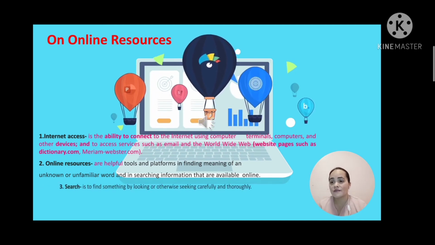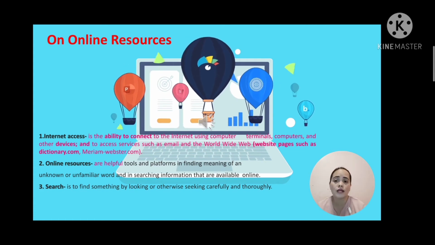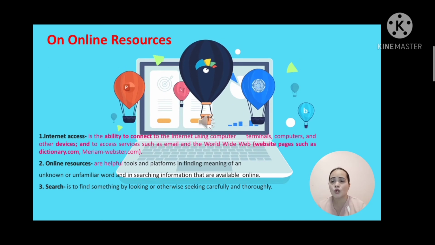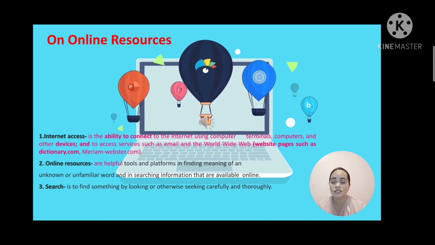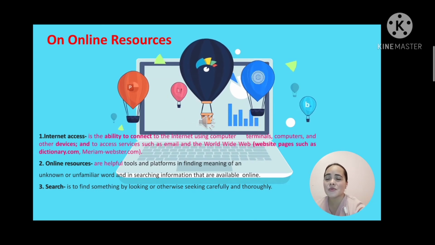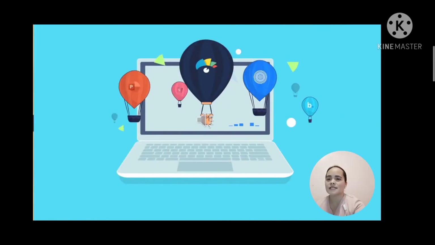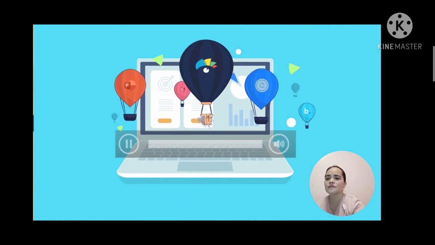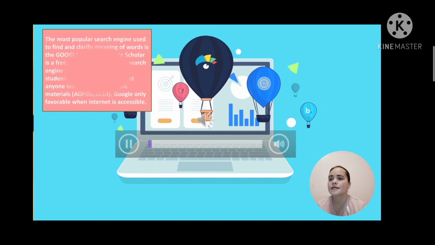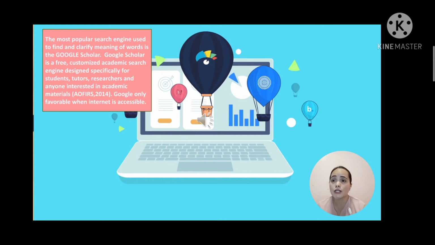So third, we have search, which is to find something by looking or otherwise seeking carefully and thoroughly. And what do you think is the common search tool using the internet? Yes, very good, class. We have Google. Okay, so this Google is the most important search engine used to find and clarify meaning of words.